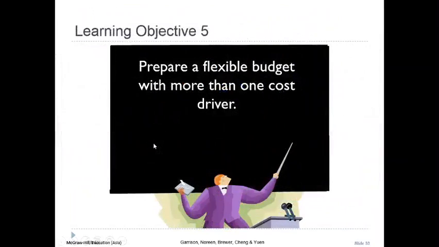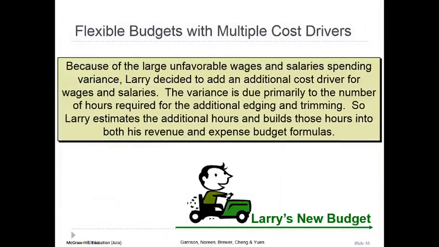However, for multiple cost drivers, because of the large unfavorable wages and salary spending variance, Larry decided to add an additional cost driver for wages and salaries. The variance is due primarily to the number of hours required for the additional edging and trimming of the lawns.